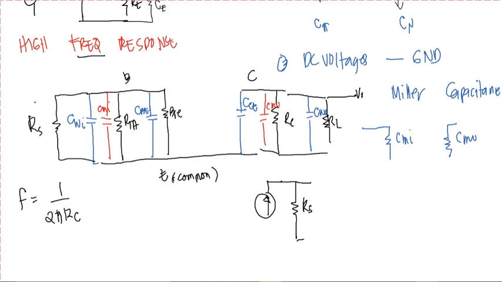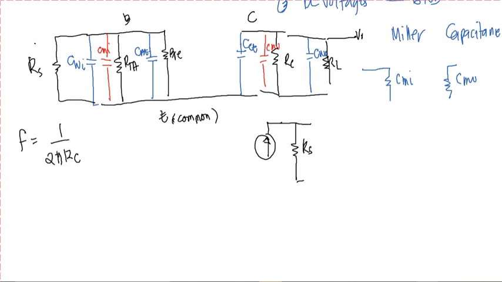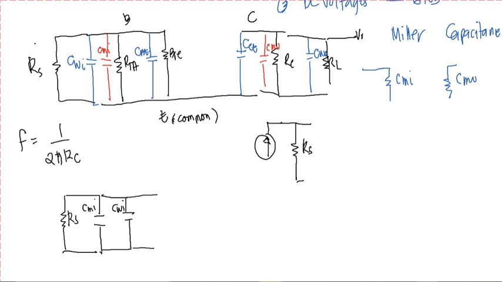If we are going to redraw sa aton nga circuit, para mas klaro, pwede natin siya i-redraw. So una-una, we will have your RS. Okay, we have your RS. So we have your Miller na capacitance present. We also have your wire capacitance. So we have CMI, CWI. Also, what will be present is your CBE.